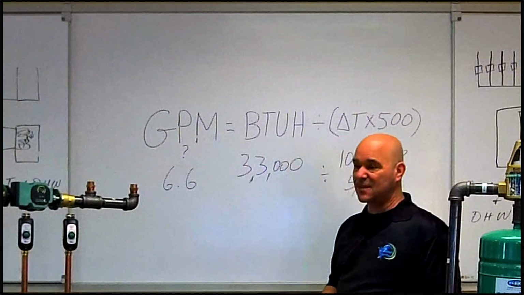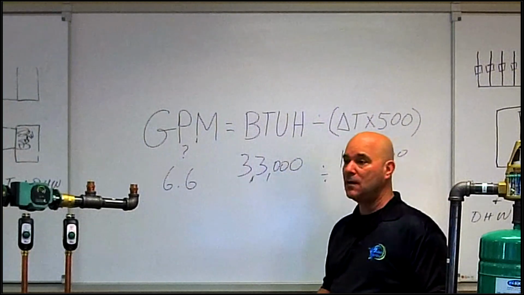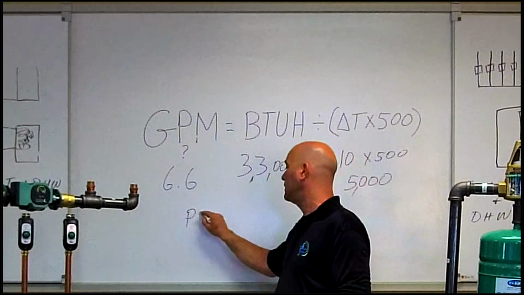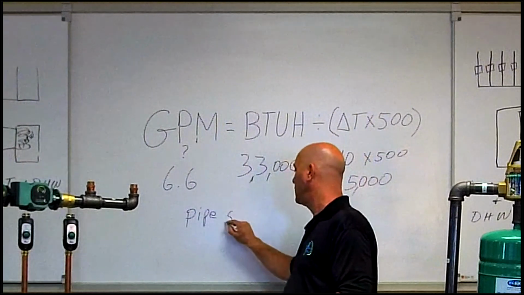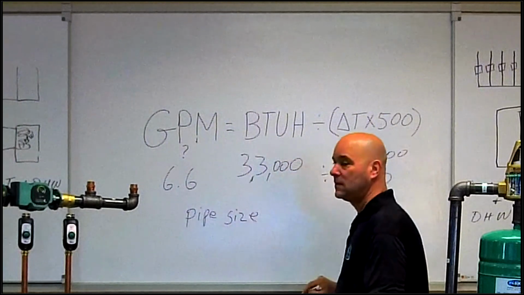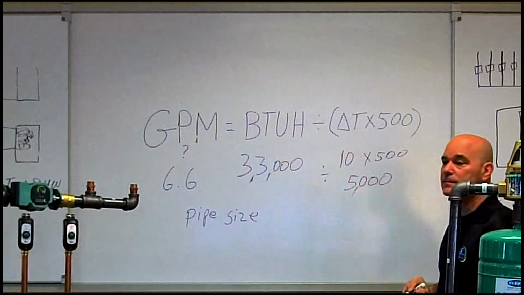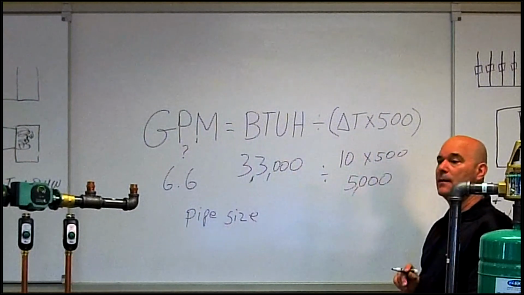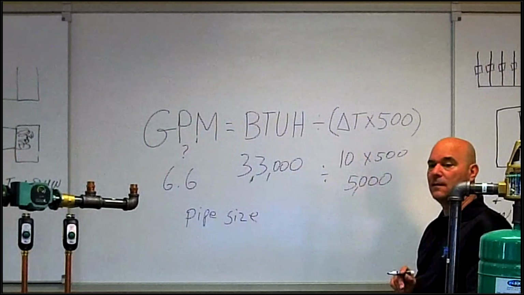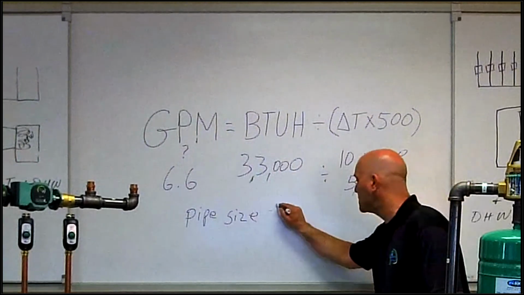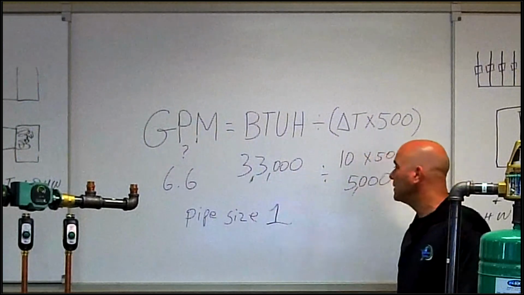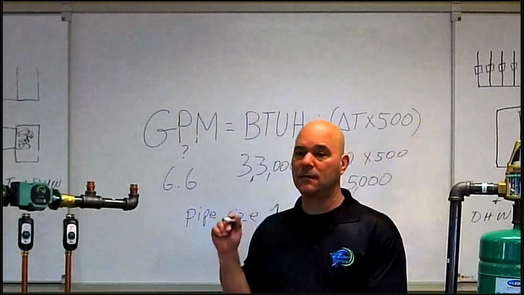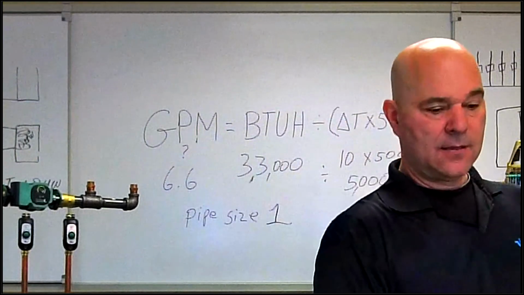To support 6.6 gallons of flow, what size pipe do we need? Everybody's getting 1 inch. 1 inch pipe, okay? And what else are we missing here?